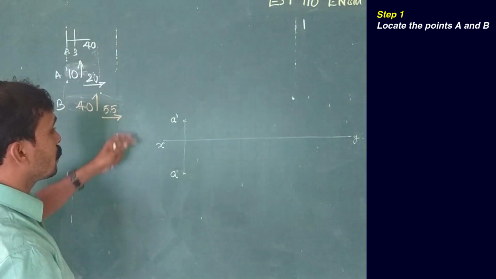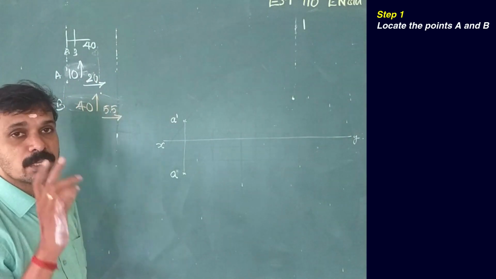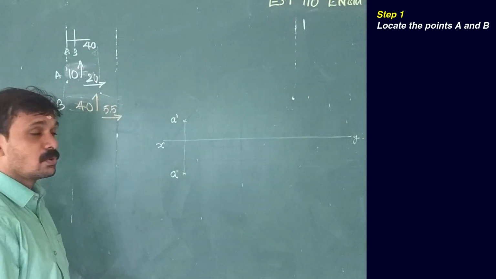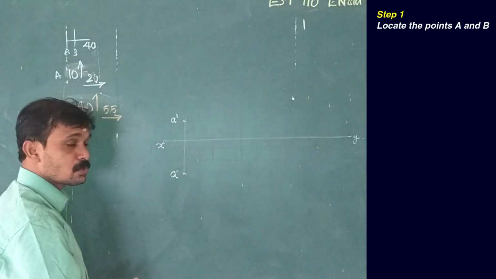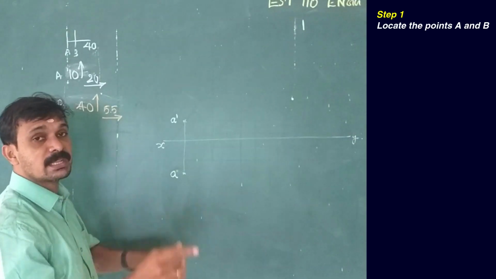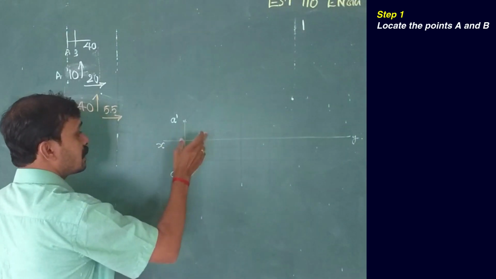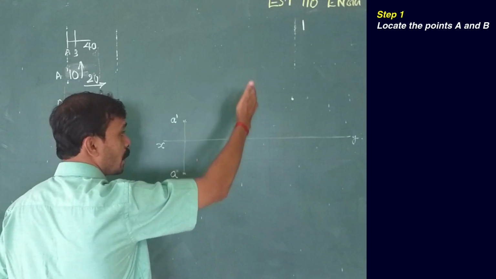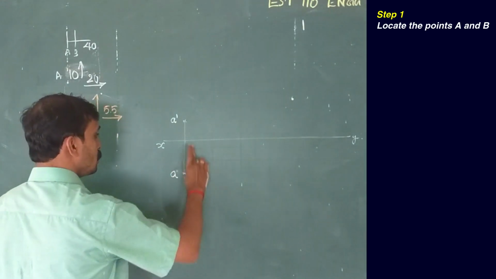The distance between the projectors of A and B is 40. So this is the projector through A. At a distance of 40 mm we have to draw another projector, that will be the projector through B.